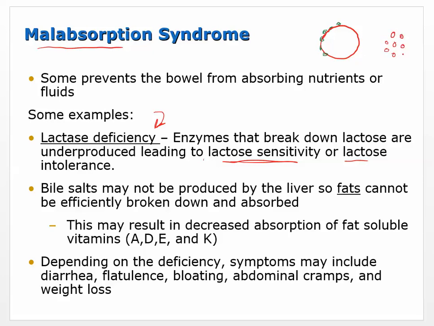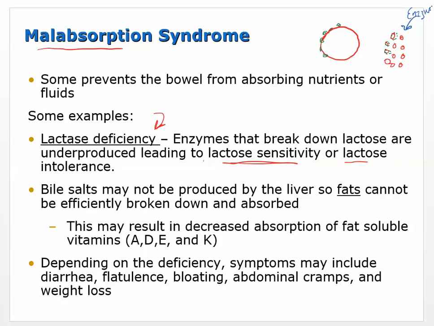We call that process emulsification. That's what bile salts are for: they surround it and break off that big glob of fat, and turn it into little droplets, and then your enzymes can move in there, and the enzymes can then break down that fat. The lipases can break down that fat.